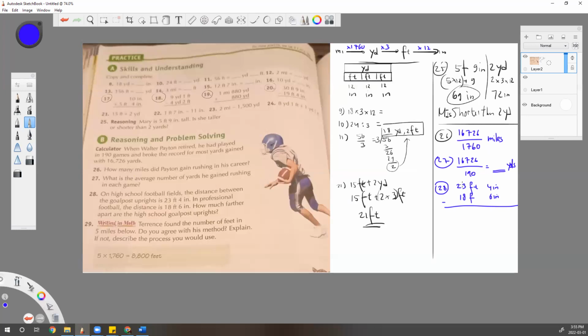The 23 becomes 22, borrow 1 foot, which is 12 inches, so 4 plus 12. So go again, 22 feet and 16 inch, minus 18 feet 6 inch. You get 10 inches and 4 feet. So the difference of the length is 4 feet 10 inches.